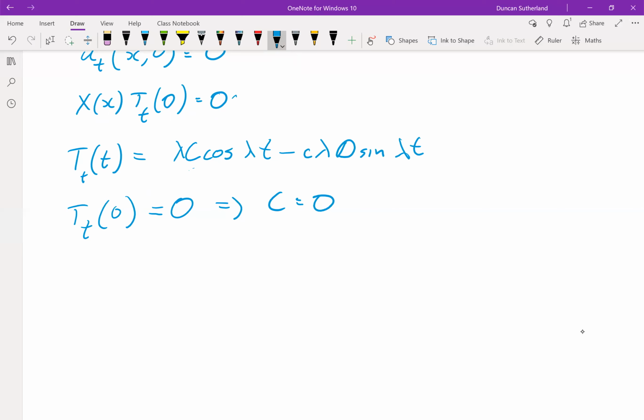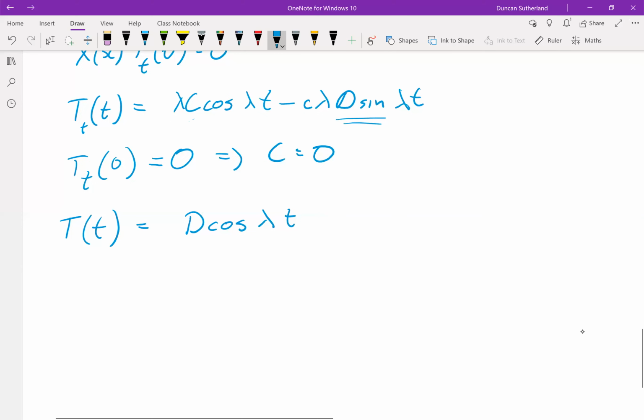So what survives is our D, which was originally associated with our cosine. So T of t so far is equal to D cos lambda t. Now lambda is a function of n, so we're obviously going to get to superpose this as well.